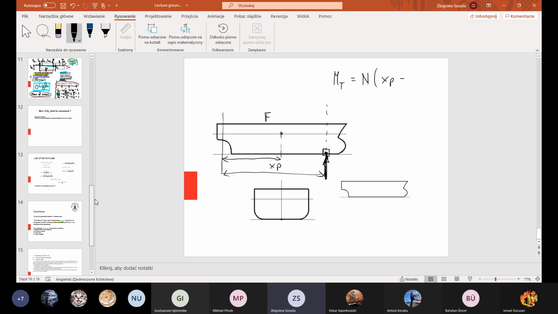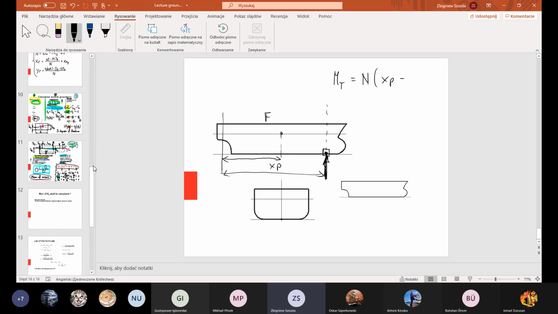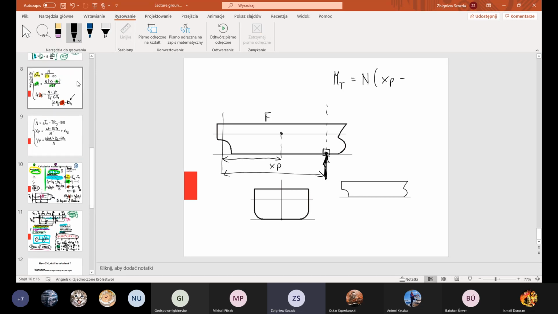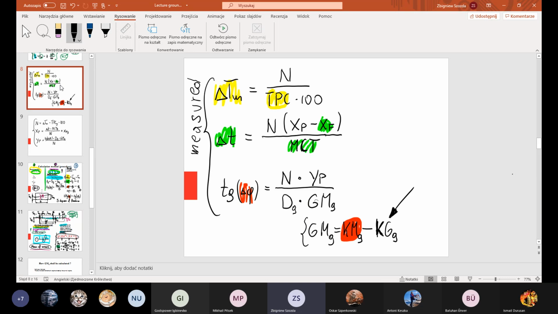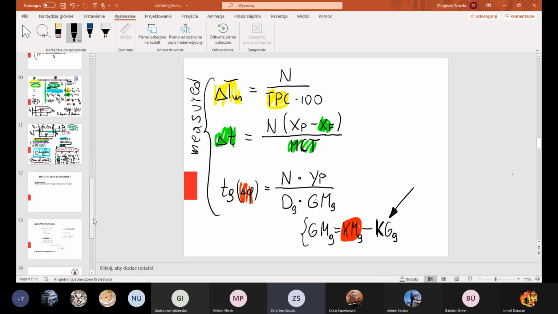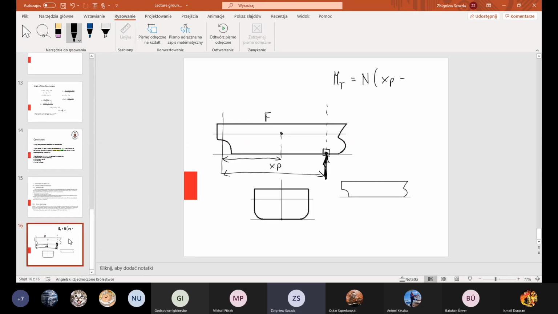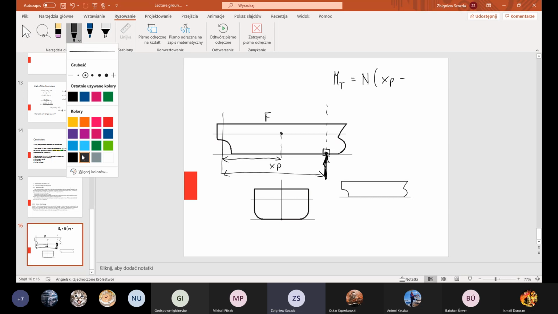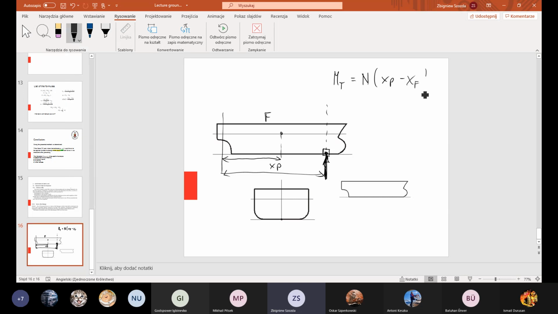I am not sure what was the abbreviation of this, so I am back to the formula. XF, okay, XF. So I will come back here and put XF. I hope that everybody remembers that in our hydrostatic table, longitudinal position of the center of flotation was abbreviated LCF, longitudinal center of flotation.